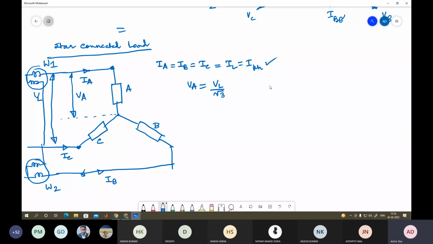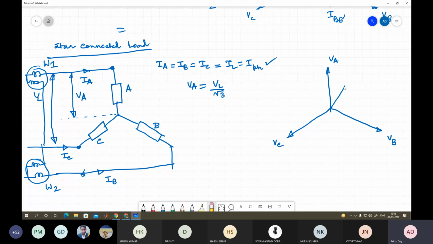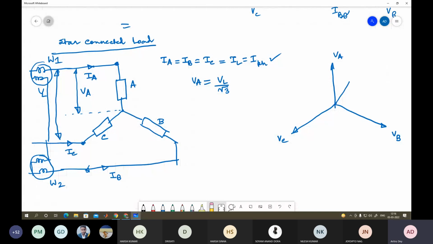So that's why if we just draw the phasor diagram here, this is your phase voltage VA, this is your phase voltage VC, this is VB, and the phase current, let us take it at a lower value, means your angle is of lower value.